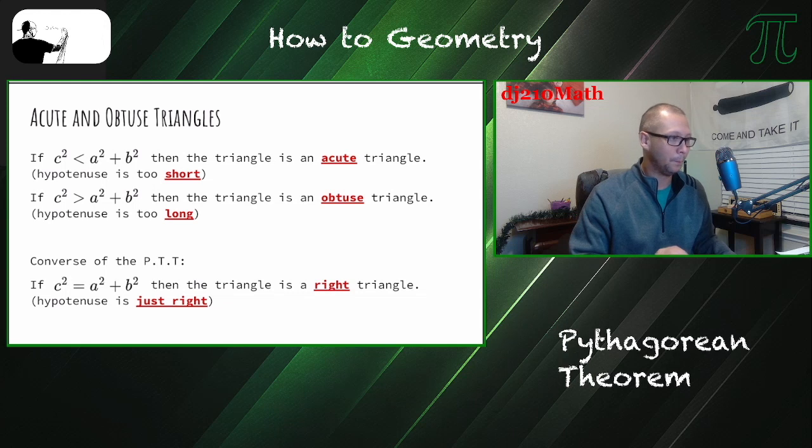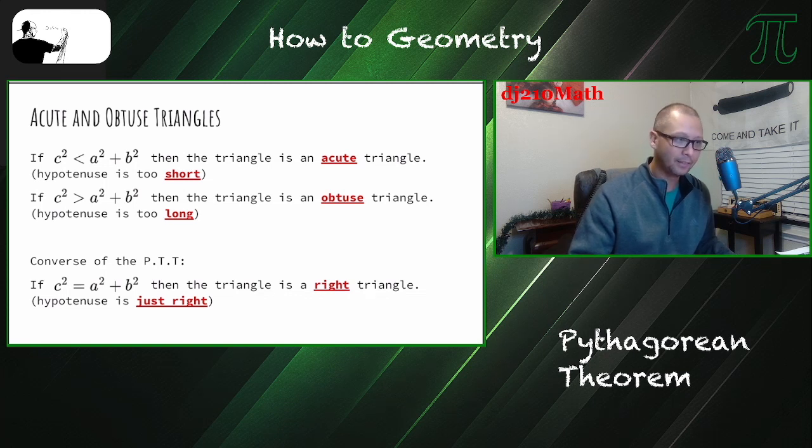Well, what we just noticed is that if the square of the hypotenuse is smaller than the sum of the squares of the legs, then the triangle is an acute triangle, right? The hypotenuse is too short. If the square of the hypotenuse is greater than the sum of the squares of the legs, then the triangle is an obtuse triangle, right? The hypotenuse is too long.